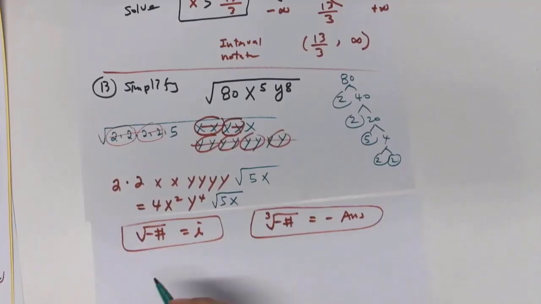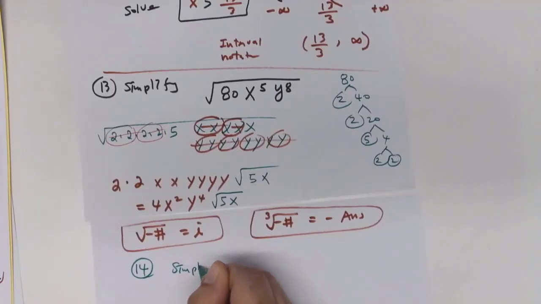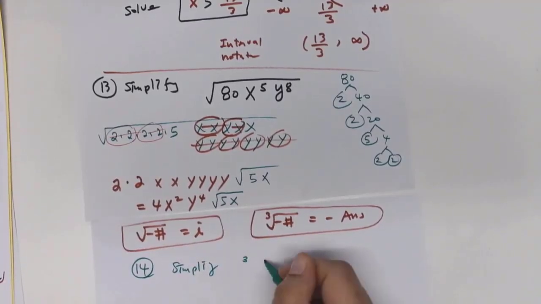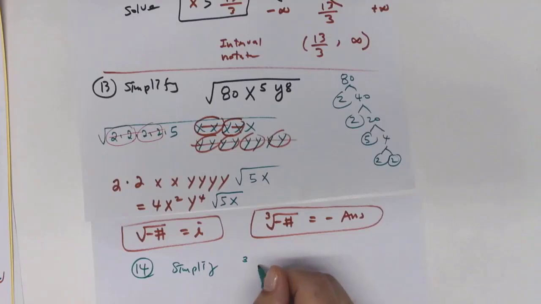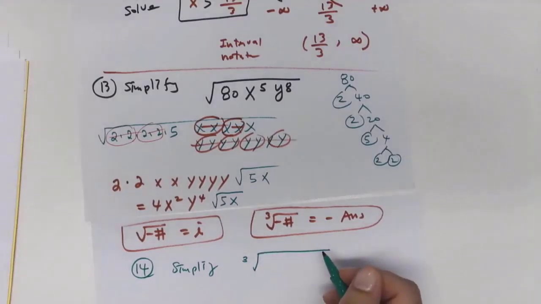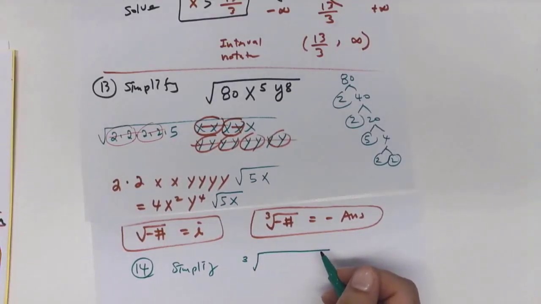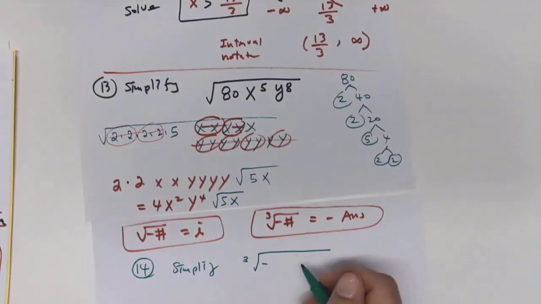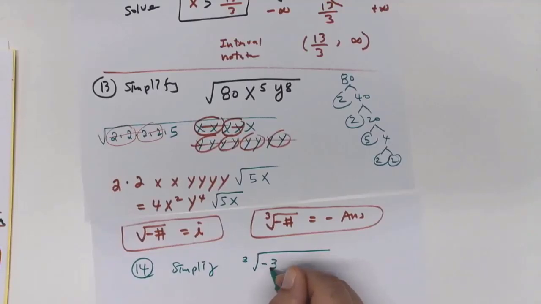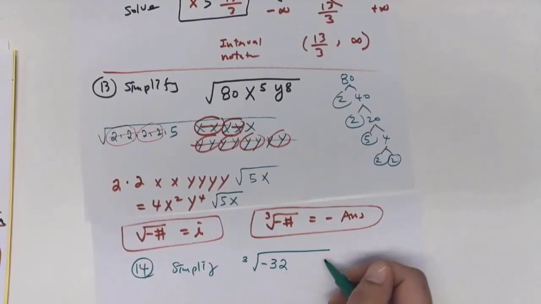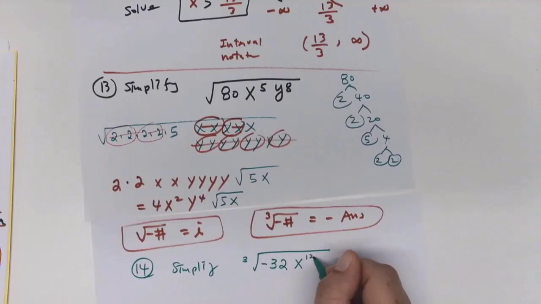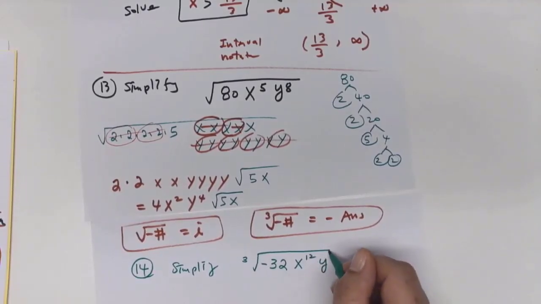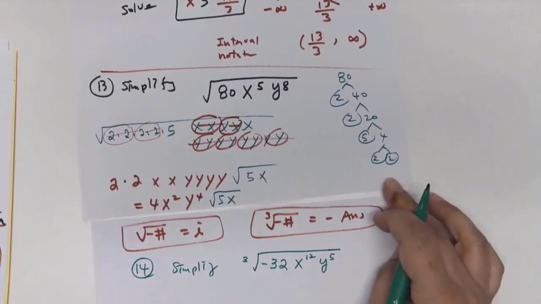The next question is number 14. Again, we need to simplify. This time we have a cube root of negative 32 x to the 12 y to the 5th power.